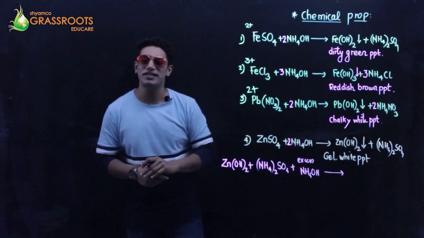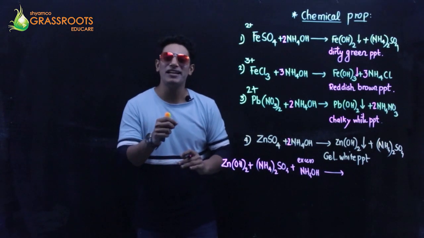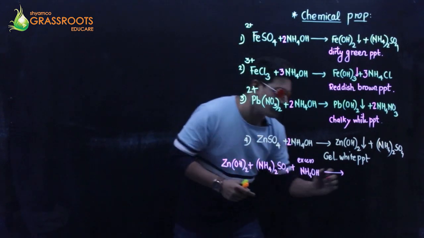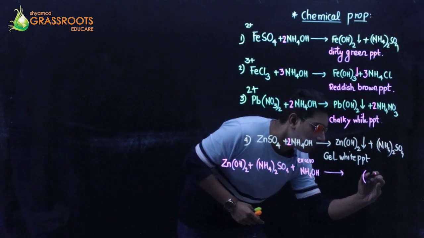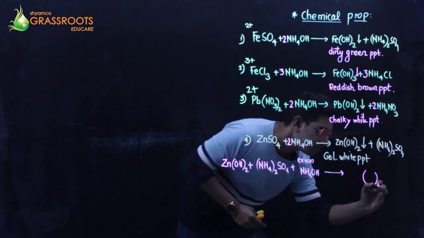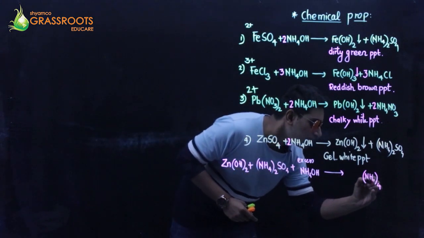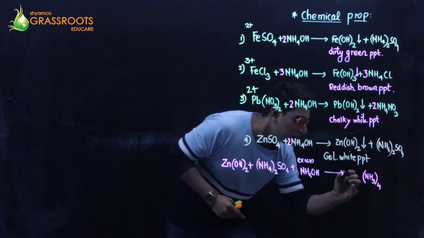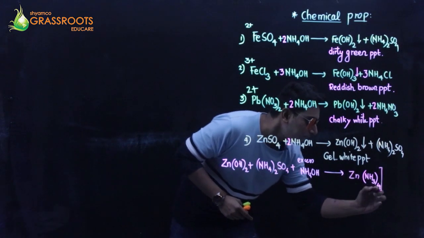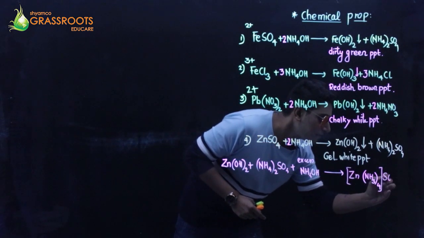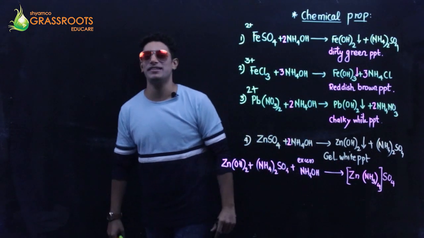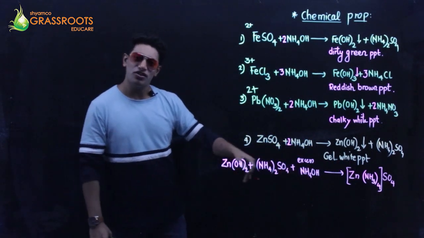And that complex salt name is tetraamine zinc sulfate. Check this the way I write it, guys. Tetra, that's 4. Amine, NH3. Zinc, Zn. Sulfate, SO4. That's how you write it. Tetraamine zinc sulfate.